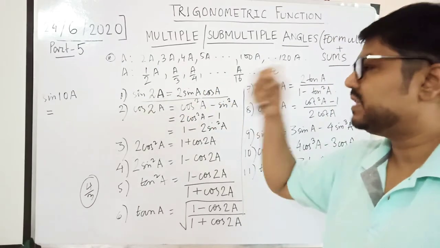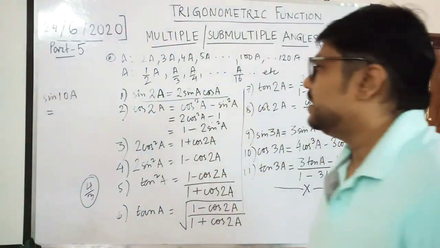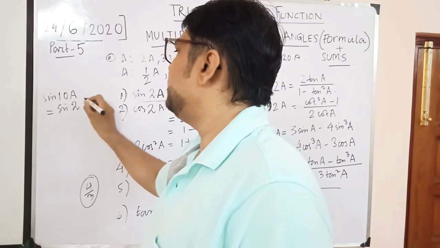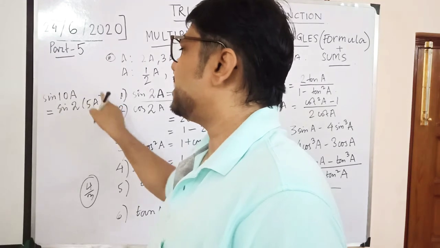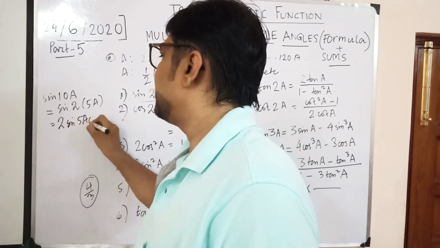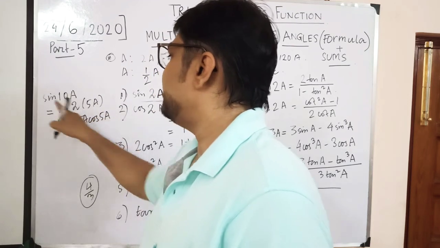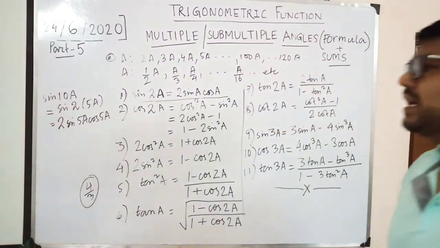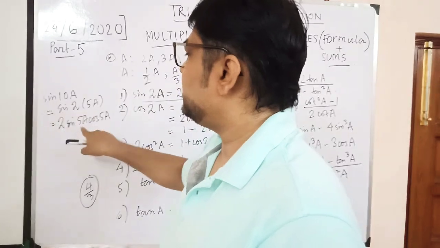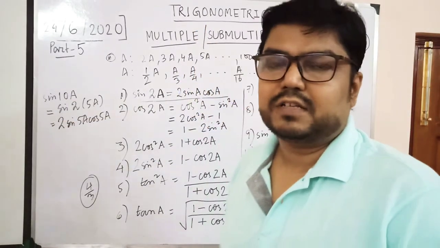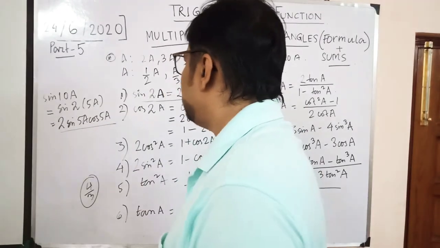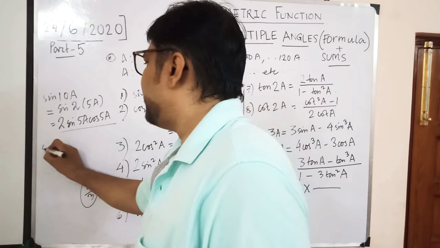The left hand side angle is just double the right hand side. If you maintain this, you can write sine of 2 into 5A, where 5A becomes the theta, as 2 sine 5A cos 5A. So sine 10A becomes 2 sine 5A cos 5A. Here you see the angle ratio is again 2:1, 10A and 5A.